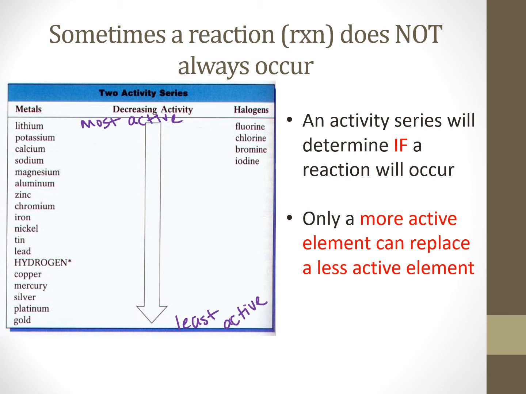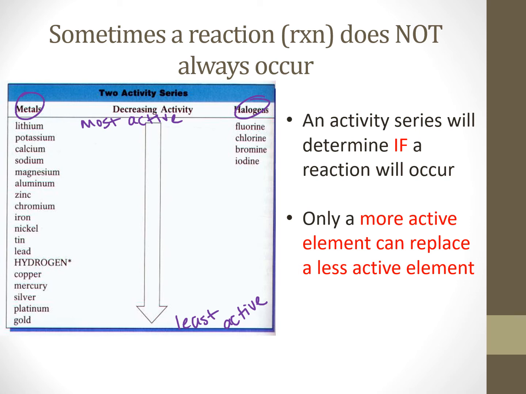And notice it's split into metals on one side and then halogens or nonmetals on the other side. So only a more active element can replace a less active element. So in terms of this, lithium can replace any other metal on the list. Gold cannot replace anybody. It is the least active.